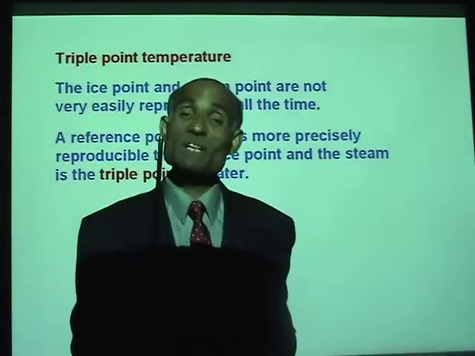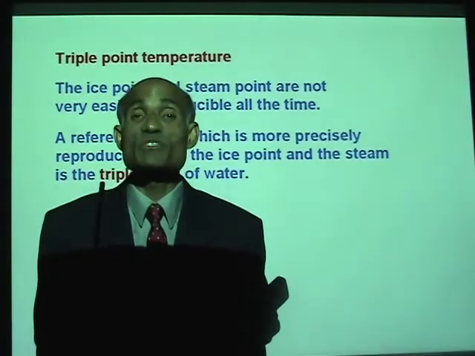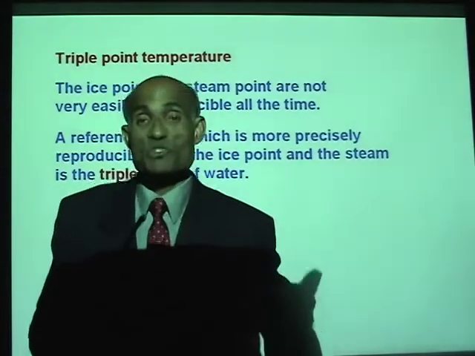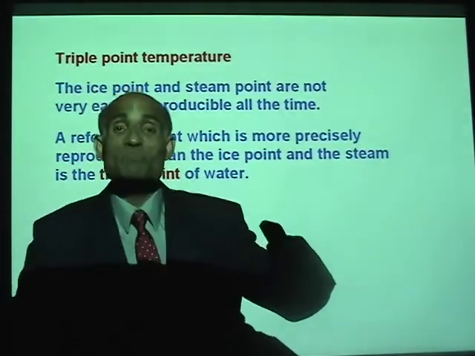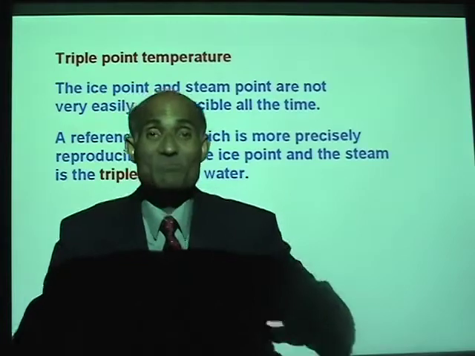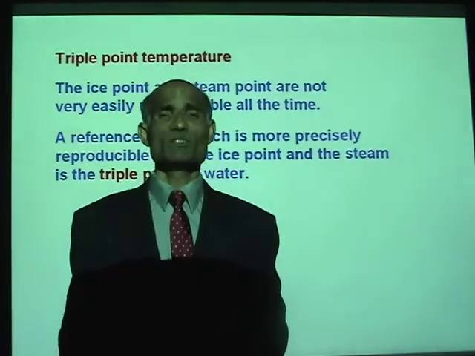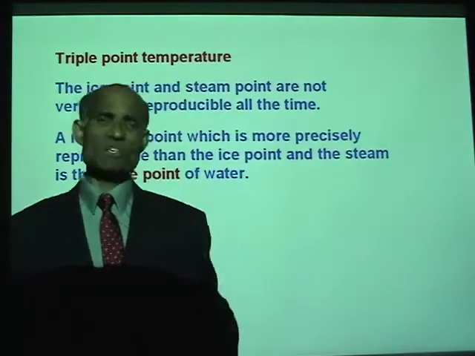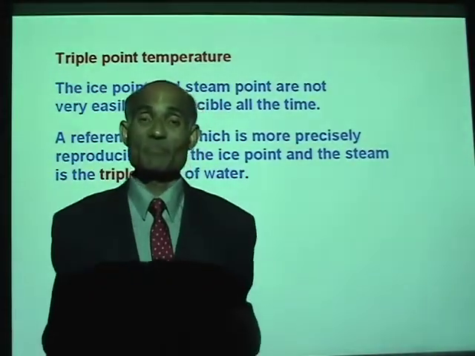What is the triple point of water? You see, there is a particular temperature at which water will exist as solid, liquid and vapor at the same time. And that temperature is called the triple point of water. You think that's possible? Can solid and gas exist at the same time?